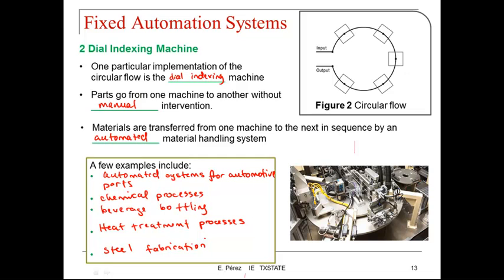And in this picture we show one type of indexing machine. As you can see, here's a table that is used to move the materials around from station to station.